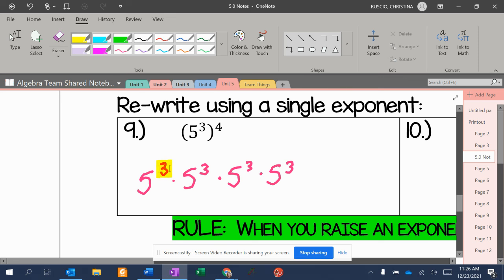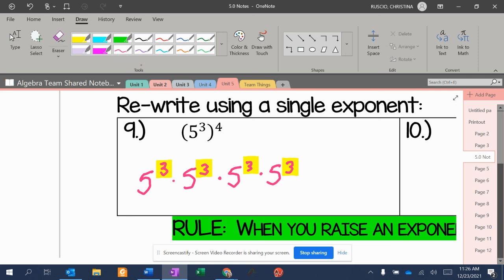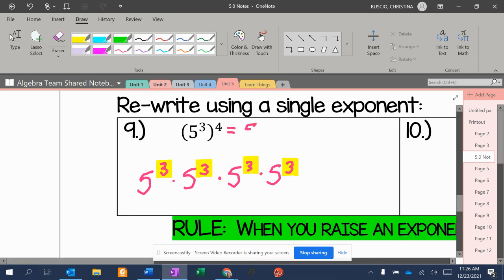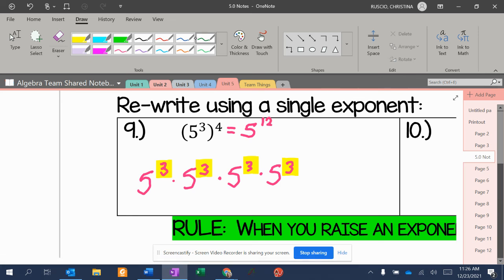This is just like above because they all have the same base. And when we multiply, when they have the same base, we get to add the exponents. So this is going to equal 5 to the 3 plus 3 is 6, plus 3 is 9, plus 3 is 12.